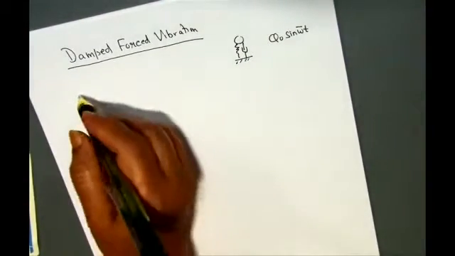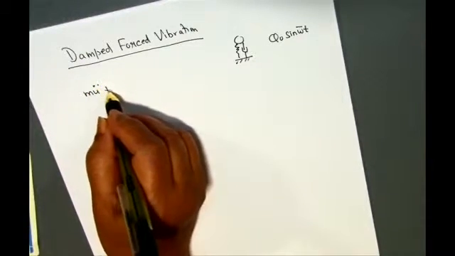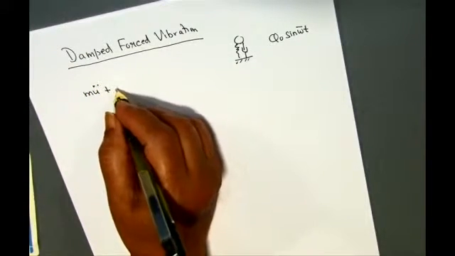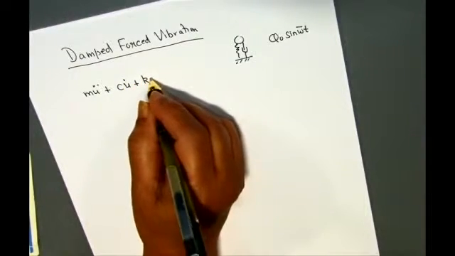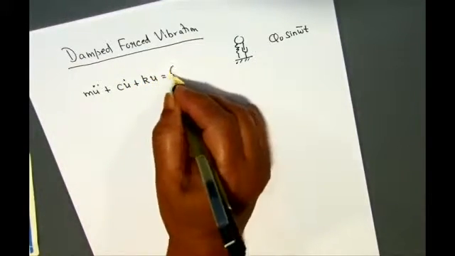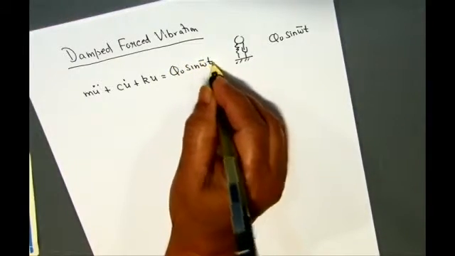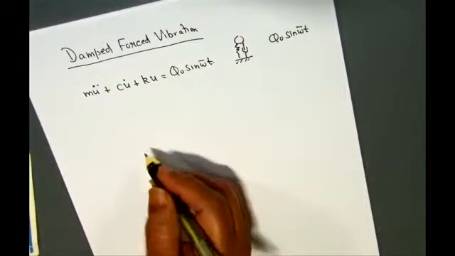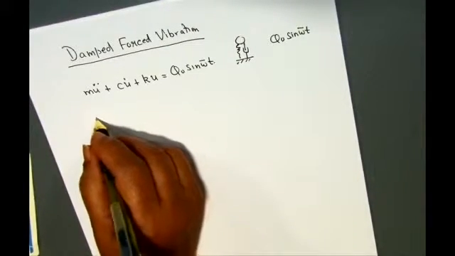Okay. So we can write our equation of motion as mass times acceleration, plus damping times velocity, plus stiffness times displacement, equal to q0 sine omega bar t. Now we can divide this equation by m, and we are going to do a couple of things.